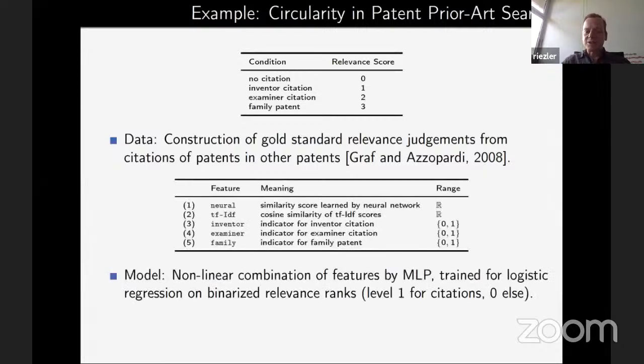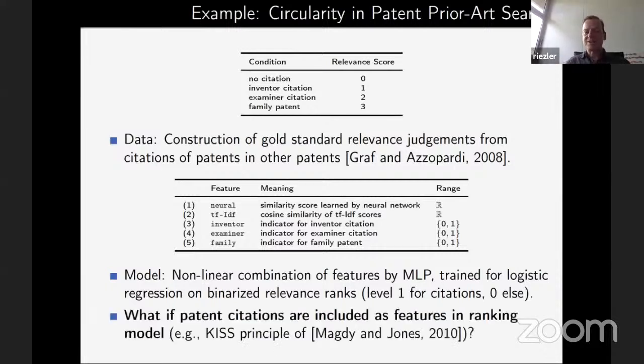So if we now train a model, the example I'm talking about is a nonlinear combination of a neural model and TF-IDF features. And the question that we ask is, what if patent citations are also included in this model? And this has actually been done by some researchers in the CLEF-IP shared task.